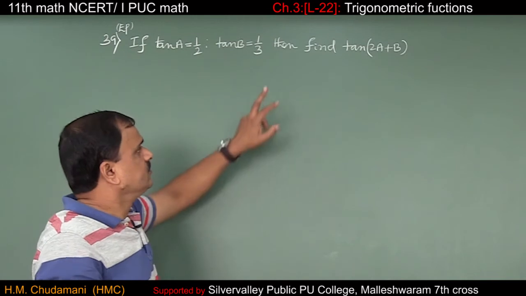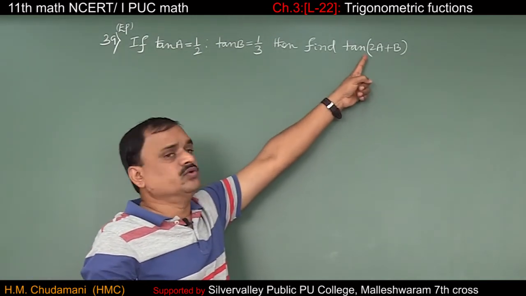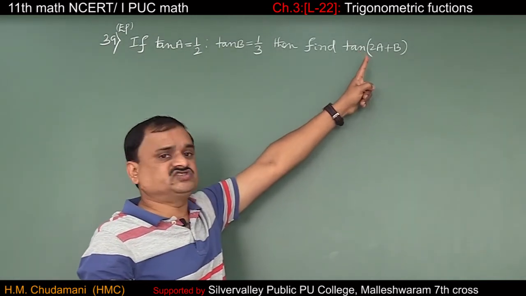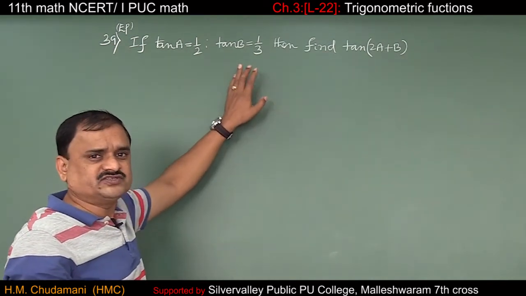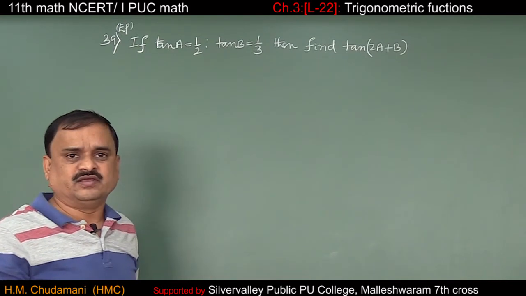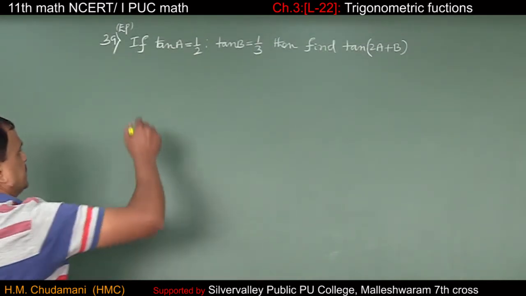Or else, without finding tan 2A, 2A plus B can be written as A plus A plus B. So using tan A and tan B, first find out tan of A plus B. Okay. So we'll do that.